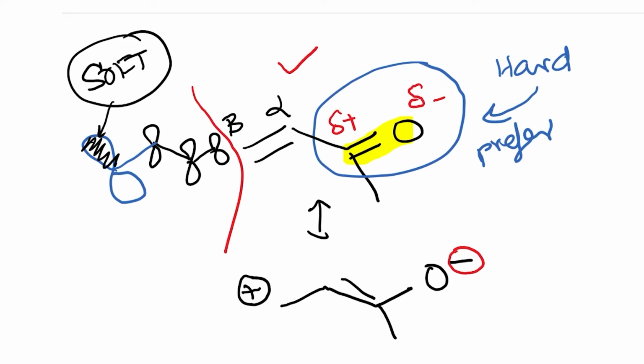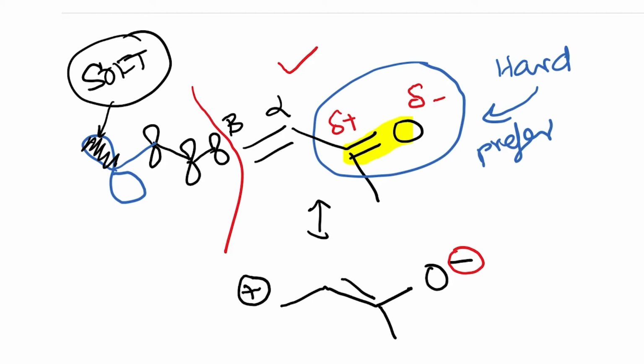Okay. And the second concept here is that hard prefers hard and soft prefers soft. And now we come to the third concept, which is when we are looking at alpha beta unsaturated ketones, the reaction at the carbonyl occurs when you have a hard nucleophile, and conjugate addition occurs when you have a soft nucleophile.